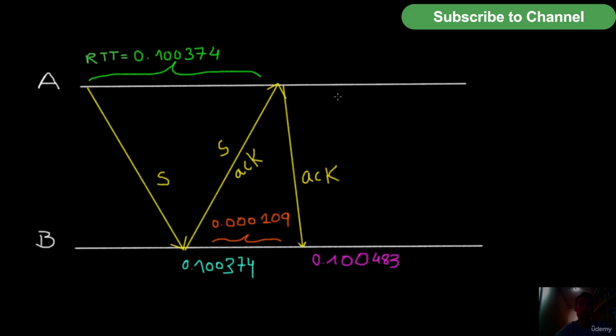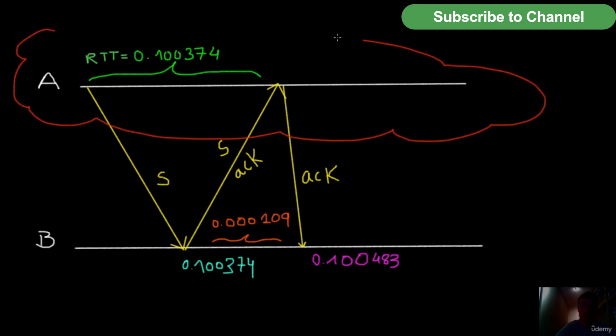And so, this is why this is very important, if the capture was made in B instead of in the application A, then the bigger time will be between this synchronization acknowledgement and this acknowledgement. If we see that the last two segments have a bigger time than the first two, this means that we are making the capture in B, but this is not the case here. The case that we have here is that the time between the first segment and the second is much bigger than between the second and the third. Therefore, we conclude that we are making the capture in the application A.